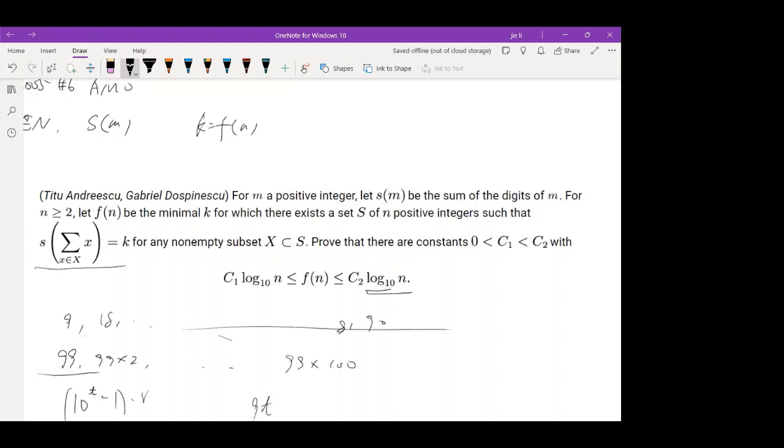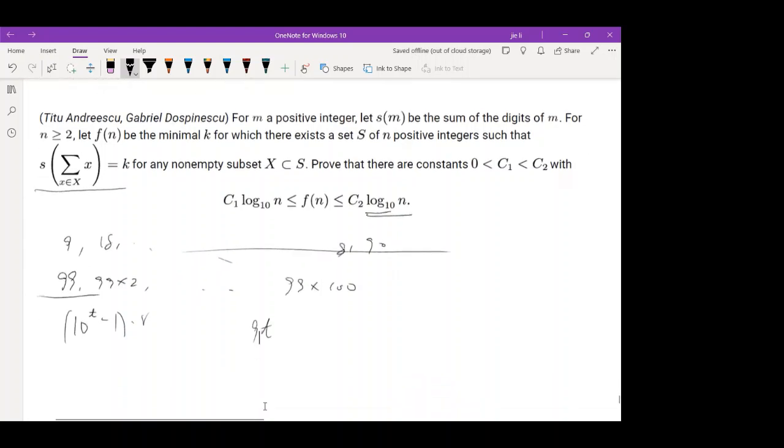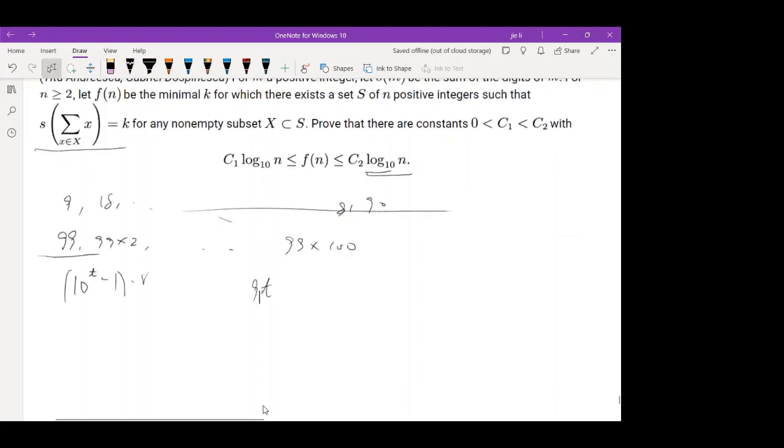And then you want the digit sum to be small. So what t should you choose? We need to have n of those.